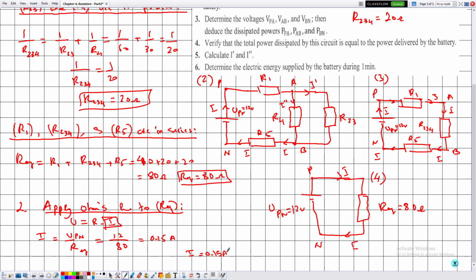Now after we have determined the value of I, we need to label this I in the different electric circuits that we have considered. So 0.15 amperes in each of them, and the same goes here.